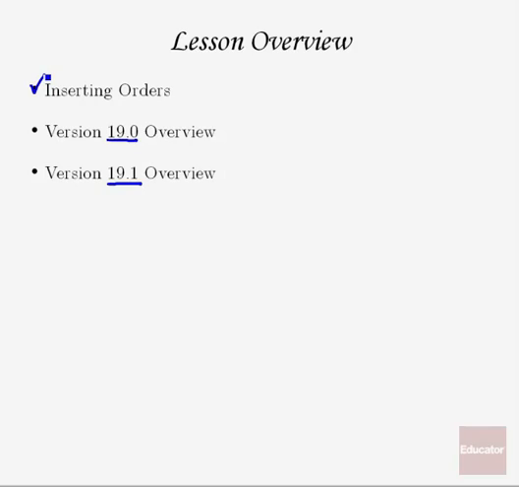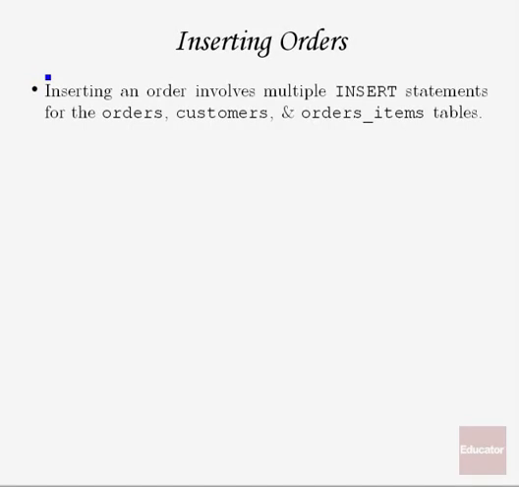Because as we learned in our last lesson, if you've done the required homework to set up your database to be able to handle orders, we have information of orders spread over multiple tables: orders, customers table, and orders items table. So basically, because when we create an order, we have information for that order stored in multiple tables, we actually have to have multiple insert statements in order to do that.